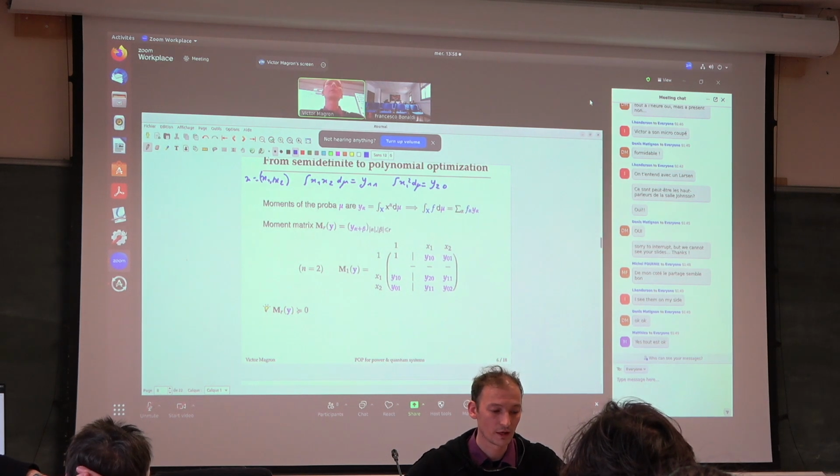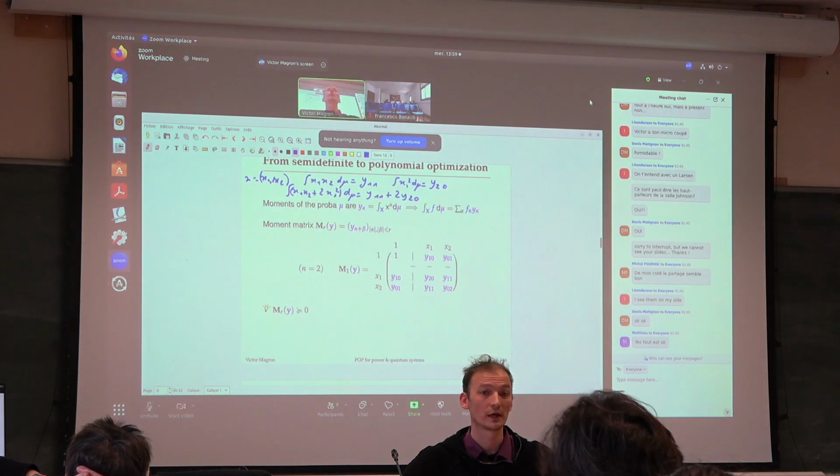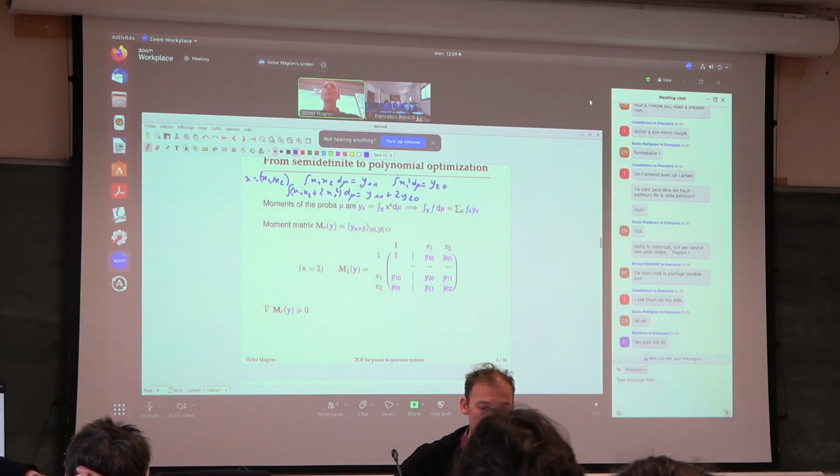So for instance, if I want to integrate x1, x2 plus 2 x1 squared, so this is y11 plus 2 y20. Okay, so then I can do that for any polynomial.